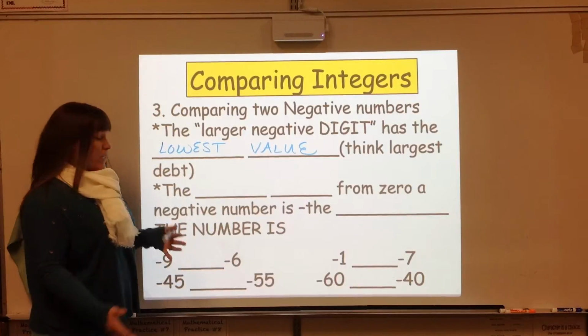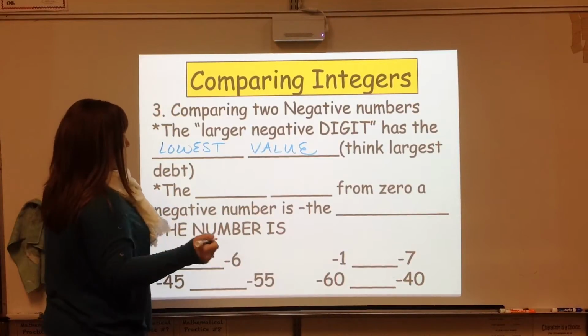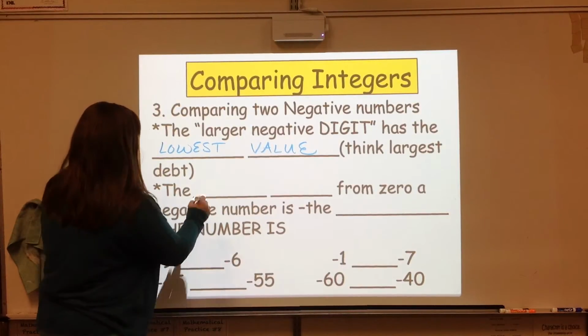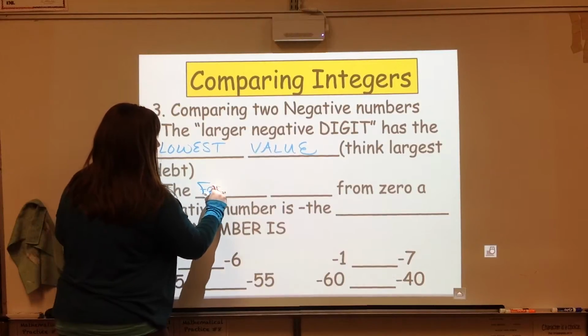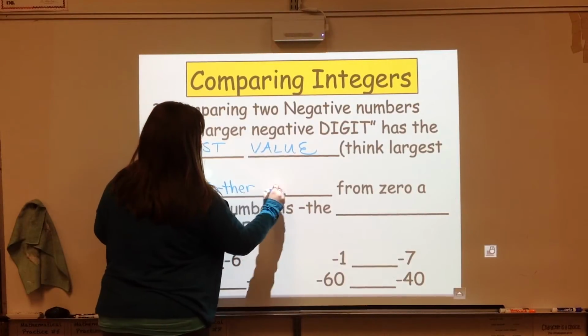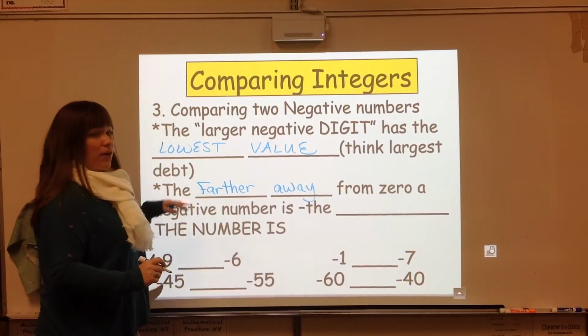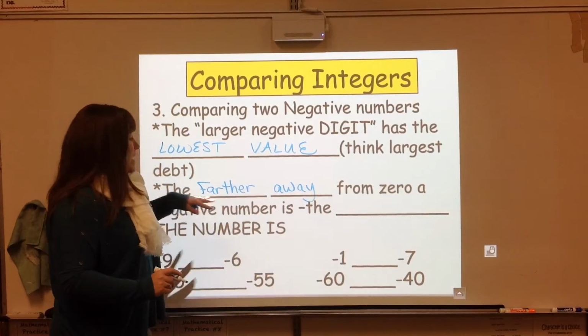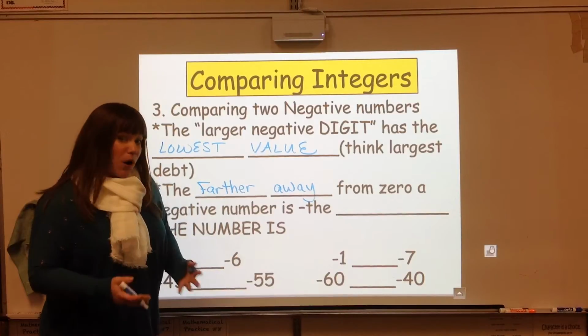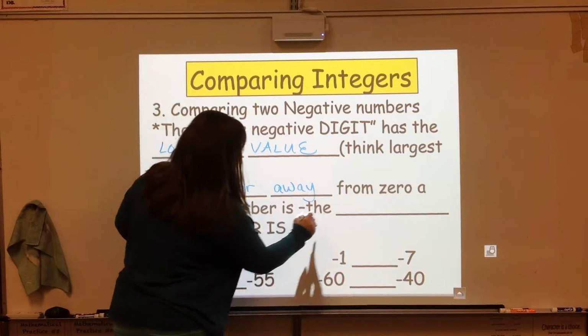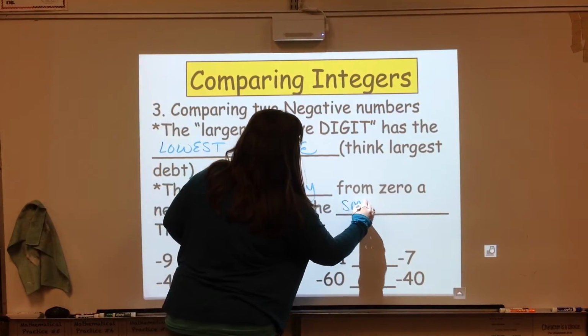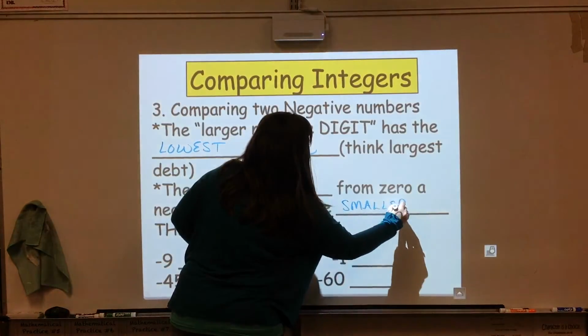So the other point is just that. The farther away from 0 the negative number is, the smaller the value, or the smaller the number.